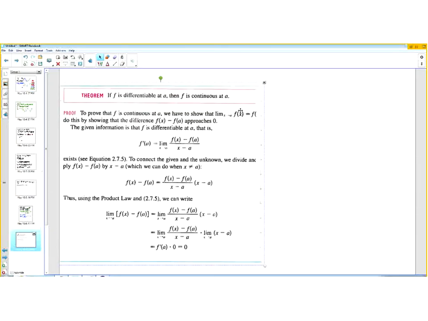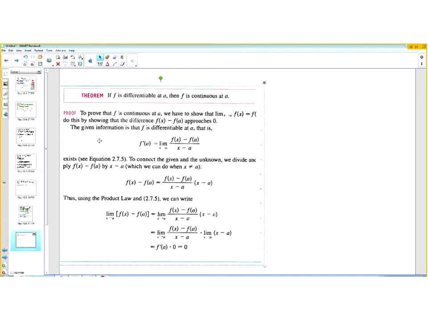If a function is differentiable at a number, then the function is continuous at the number. Okay. The converse is not true because, as we just showed with the absolute value function, the absolute value function is continuous at 0, but it's not differentiable at 0. So this is a one-way theorem. If it's differentiable at a number, it's continuous at that number.